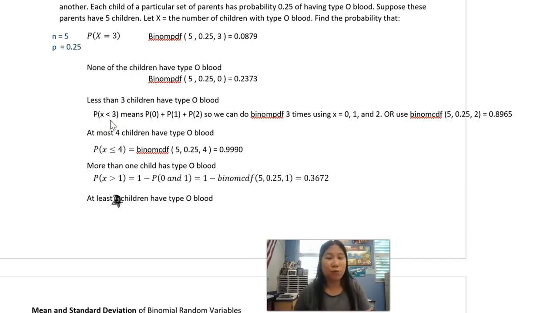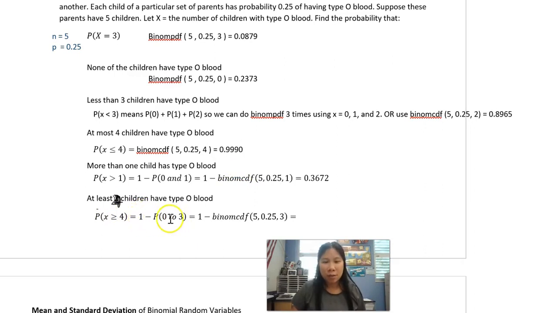So again, if you want, you can take binomial PDF of 4, binomial PDF of 5, and then just add them together. Or, if we want at least 4, that means we don't want the numbers below 4. So 0, 1, 2, and 3, those are the numbers we don't want. So we can subtract that from 1 and get our final answer by using the binomial CDF in our calculator. So here I'm spelling out, x is greater than or equal to 4 is what we want.